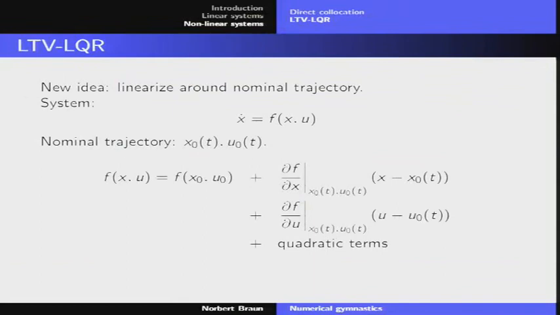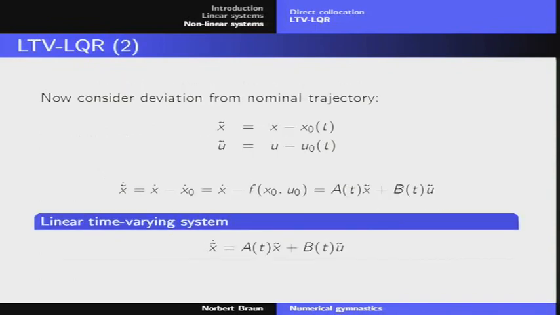Now even more mathematics. The next idea is that we linearize again. We can't any longer linearize around a point. We now have to linearize around a nominal trajectory. And the good message is that we can still do that. Now again, we introduce new coordinates, these error coordinates, that just measure how much we deviate from our nominal trajectory.